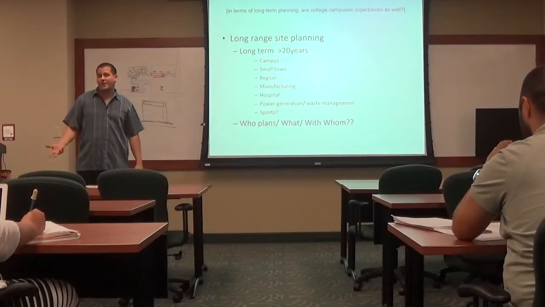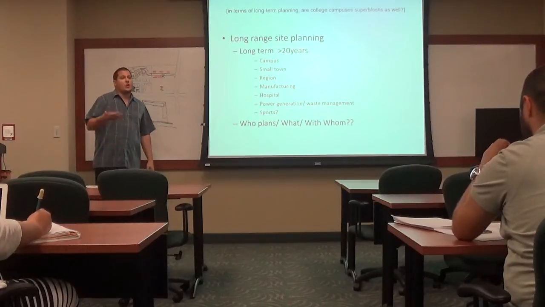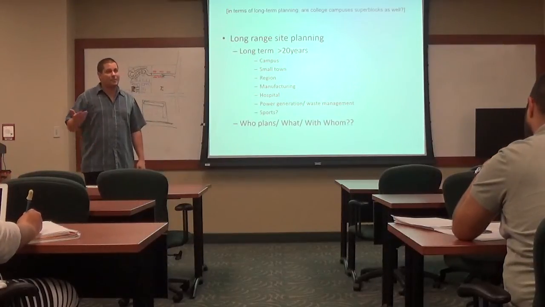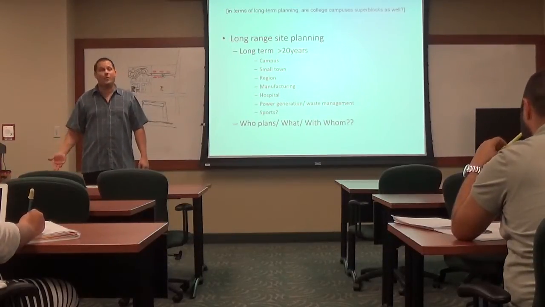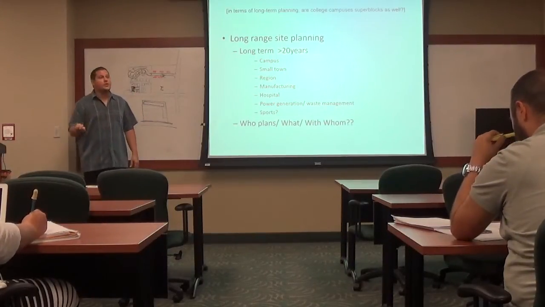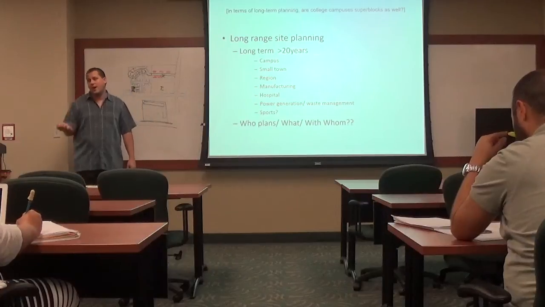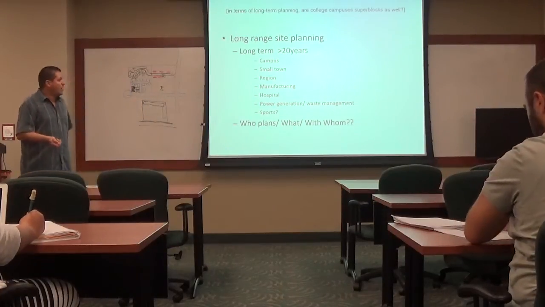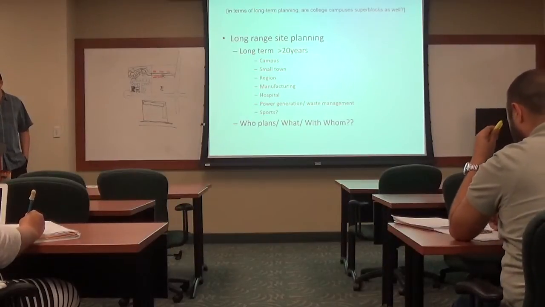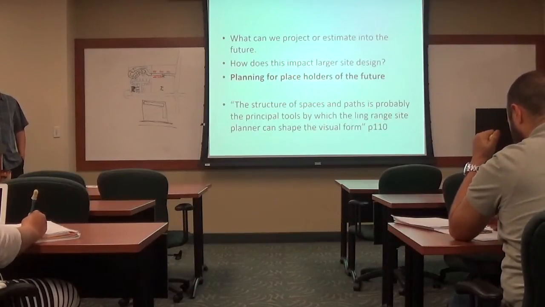How do you deal with the waste? Do you recycle? Do you have curbside recycling, that means pick up your recycling, or do you actually have to drop off all your paper and your glass? It makes a huge difference in the way people recycle if you have a good pickup service. And then again, at the end, who plans what and with whom? I do actually have visuals for that.